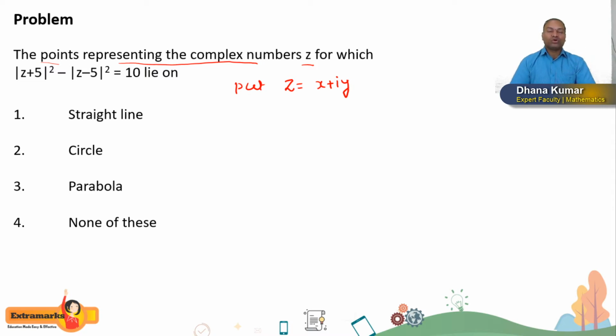If you forgot those formulas, or otherwise the given problem is not in that formula format, at that time in all such questions put z is equal to x plus iy in the given question. Okay, automatically after simplification finally we can get one equation in terms of x and y. After finding the equation in terms of x and y, then you identify whether the given curve is a straight line or circle or parabola or any other curve. Clear my point? Okay, here we can solve this question using complex number formulas.